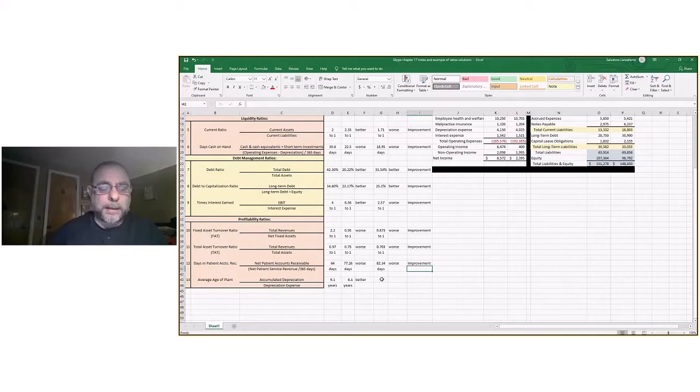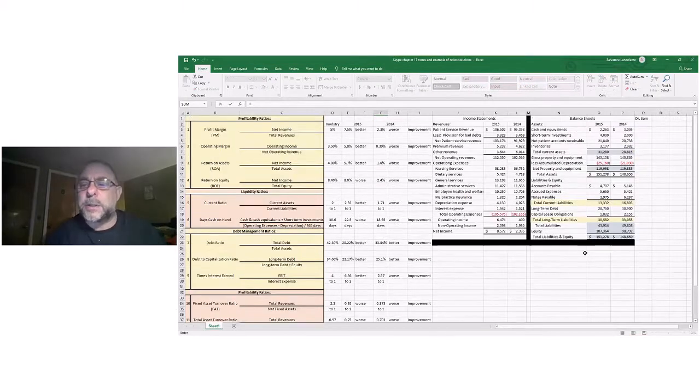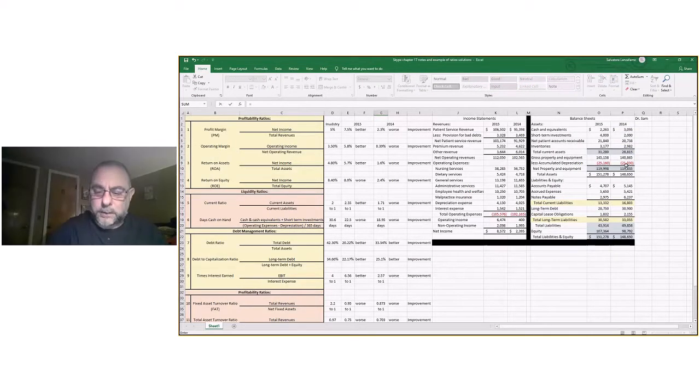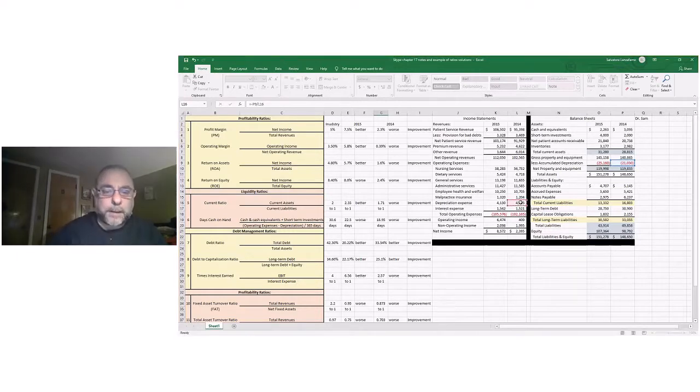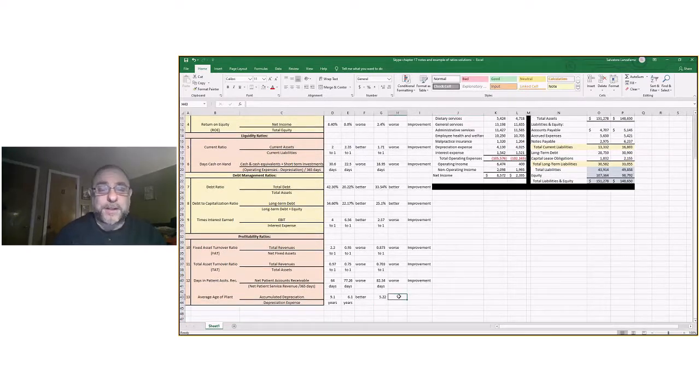Okay, let's see what we were at in the previous year. So if we take our accumulated depreciation, which is 21,030, and I divide it by my depreciation expense of 4,025, get about 5.22. So for the first time, actually, well, we are better than the industry, but we actually did not improve.